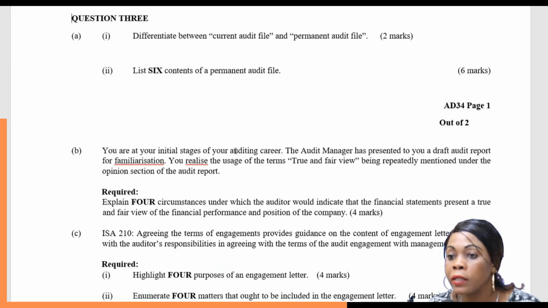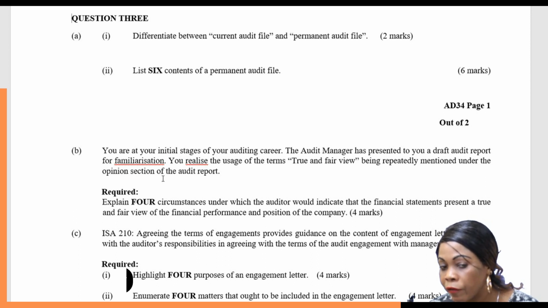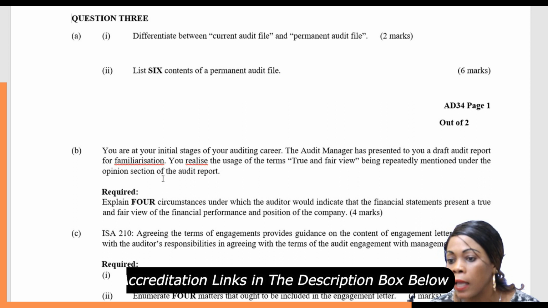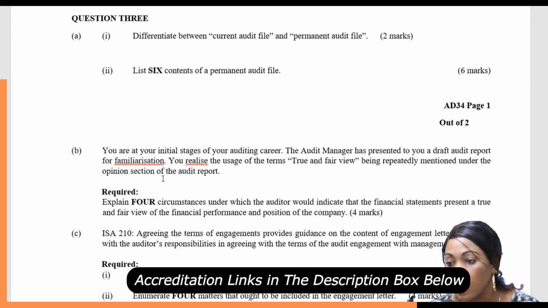Next question is question number 3B, and it reads, you are at the initial stage of your auditing career. The audit manager has presented to you a draft audit report for familiarization. You realize the usage of the terms true and fair view being repeatedly mentioned under the opinion section of the audit report.